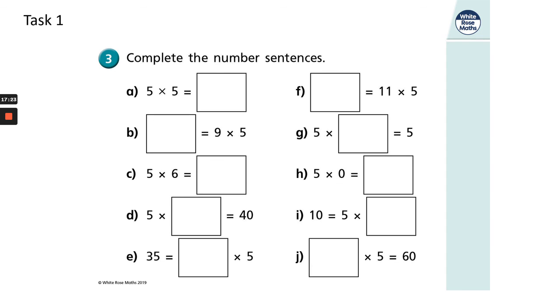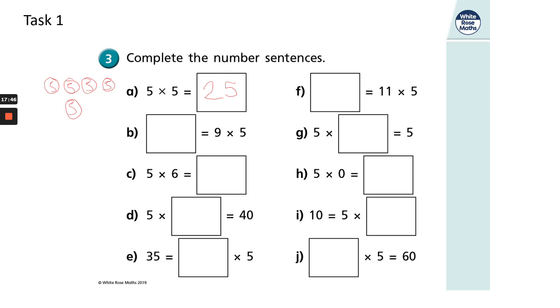You can draw to help you if you need. 1, 2, 3, 4, 5 groups of 5. Let's count up. 5, 10, 15, 20, 25. So we know that 5 times 5 is 25.